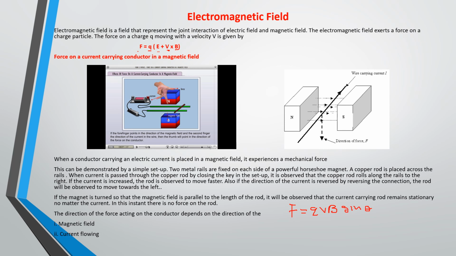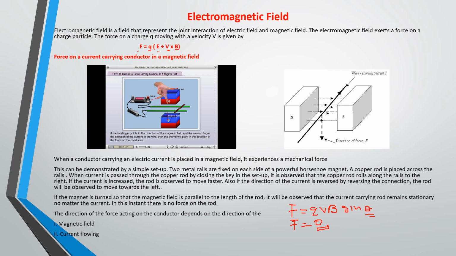Theta is the angle between the force and the direction of the current. So if theta is equal to 0, the force will be equal to 0, which means there will not be any force acting on that current carrying conductor, hence it will not move. So take note of that. F will be equal to 0.